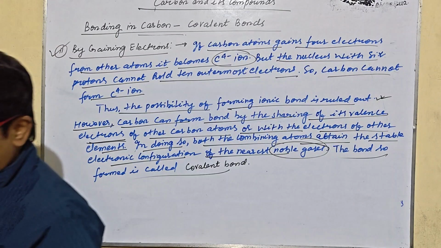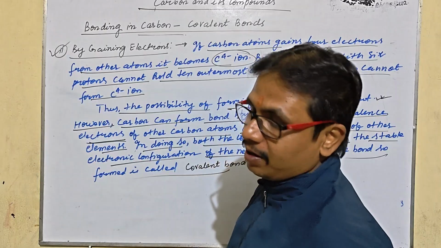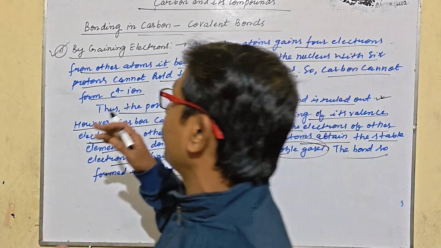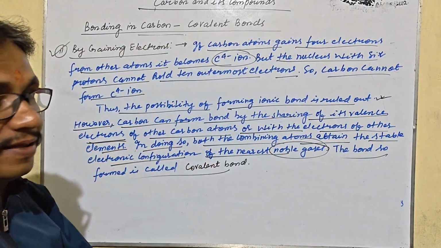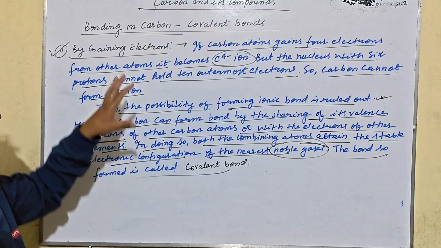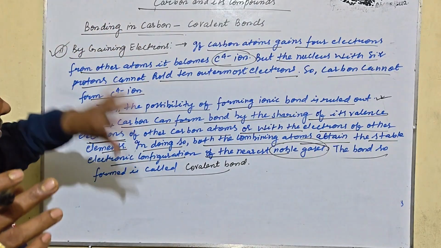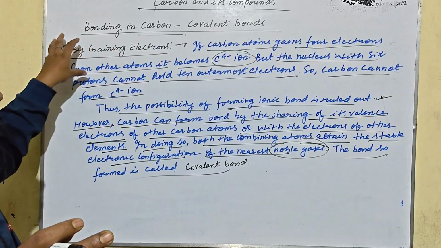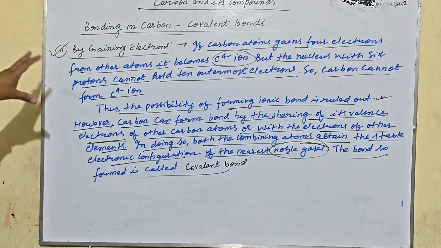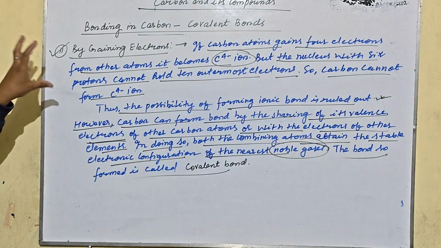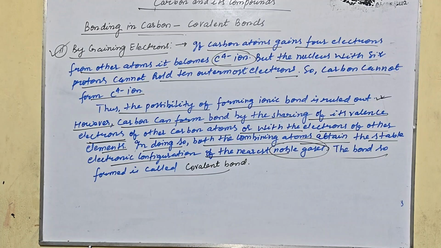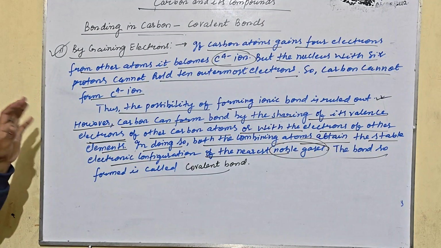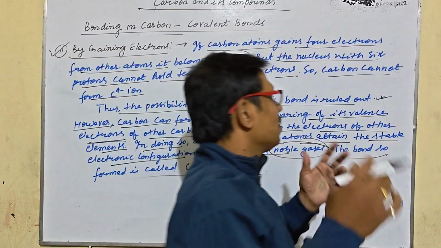We will discuss in the next video how carbon forms bonds, structure-wise. This topic we will discuss tomorrow, but this is the bonding in carbon by losing of valence electrons and by gaining of electrons. So carbon can form a bond by sharing its valence electrons, not by gaining electrons. So this is the covalent bond.